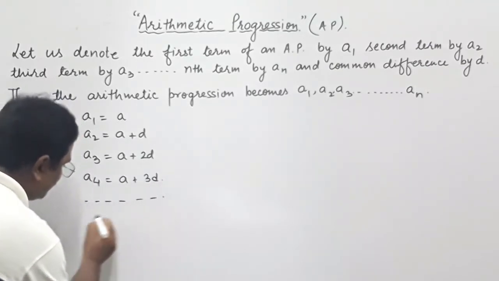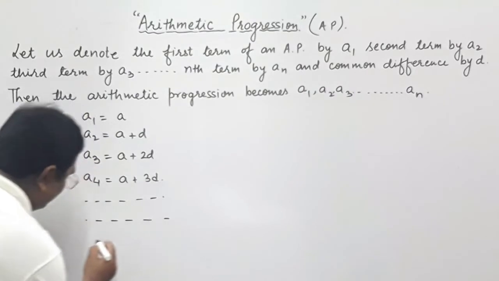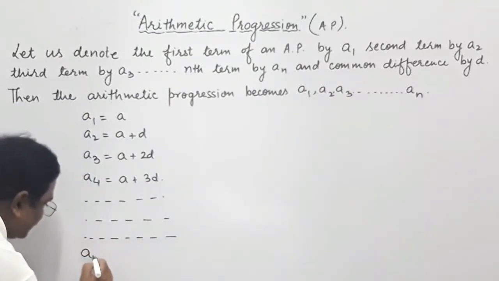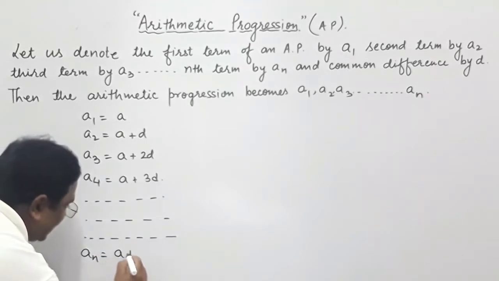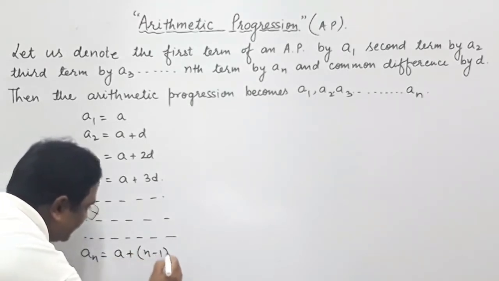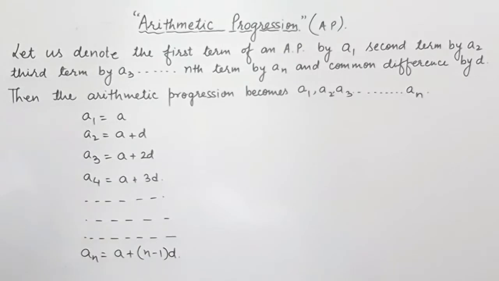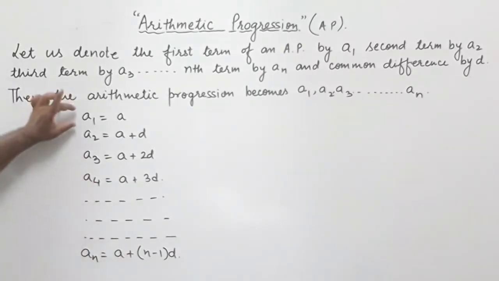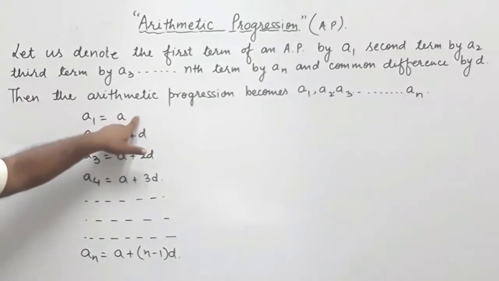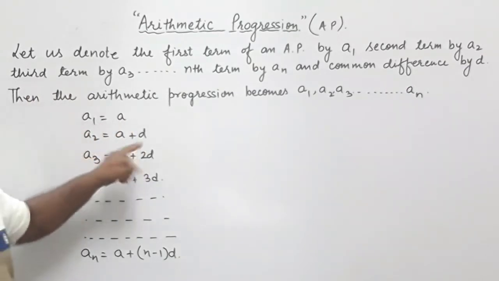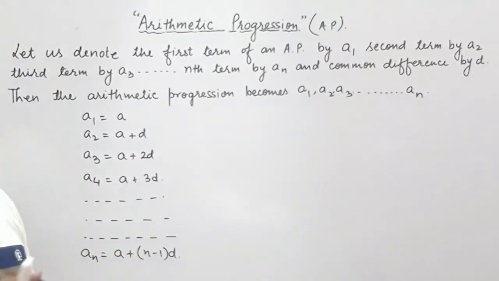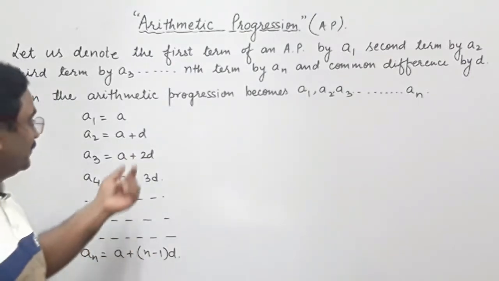If you observe this and write its general term An, then An can be written as a plus (n minus 1) into d. Why a plus (n minus 1) into d? If the first term is denoted by a, the second term will be a plus d. This d can be positive, negative, or zero, as you have read in the common difference.